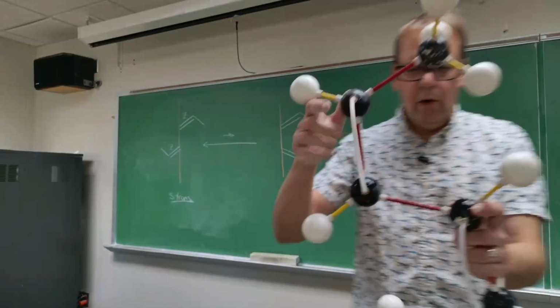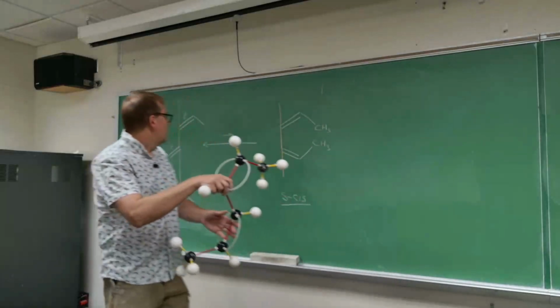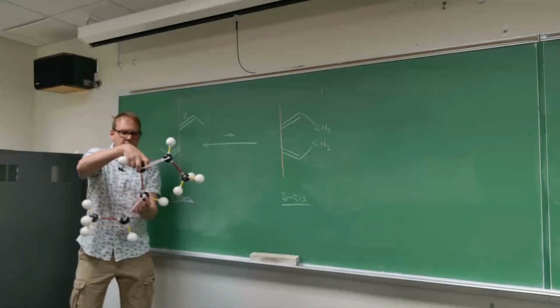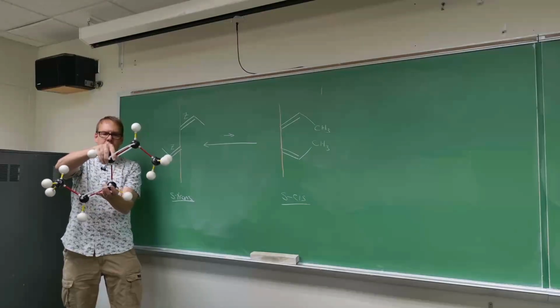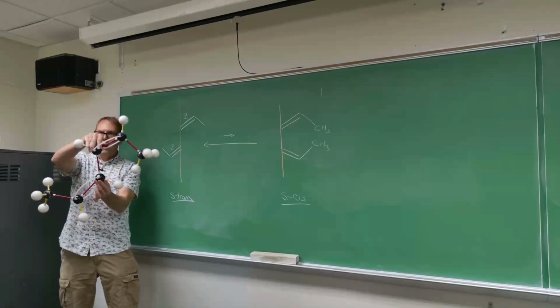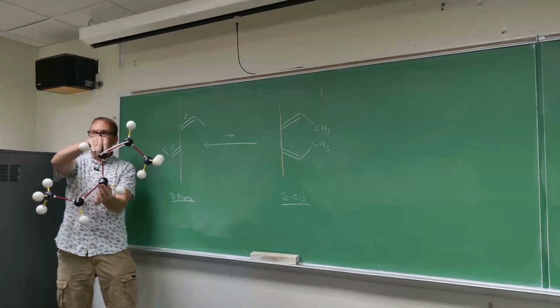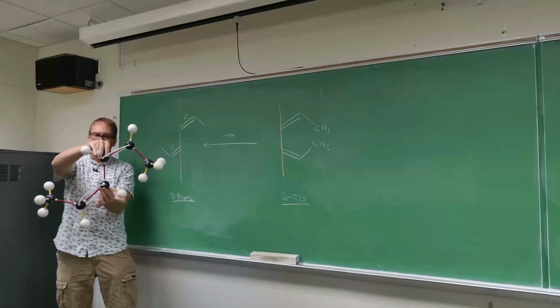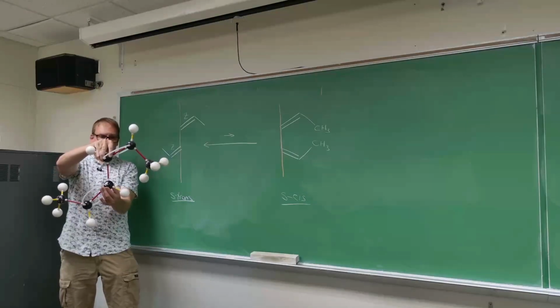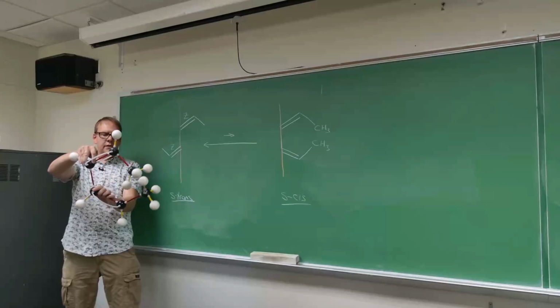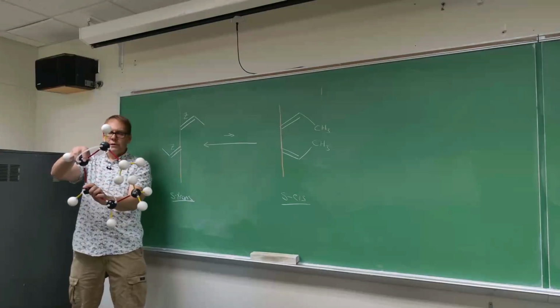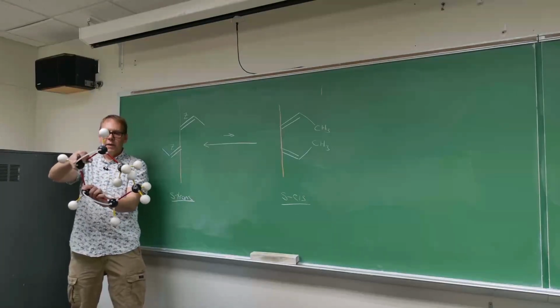All right, here we go. Here's the molecule in its s-trans conformation. I've got my hands here grabbing the molecule at the two ends of the single bond in the middle. And then if I rotate to put it into s-cis, you can see the methyl groups are really just on top of each other, and that's a very bad steric interaction.